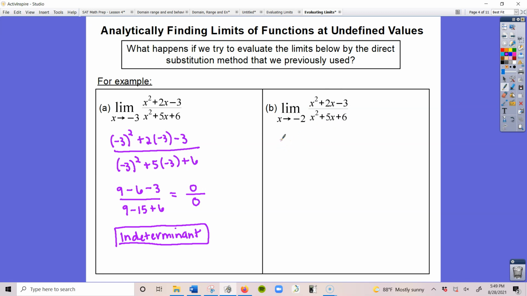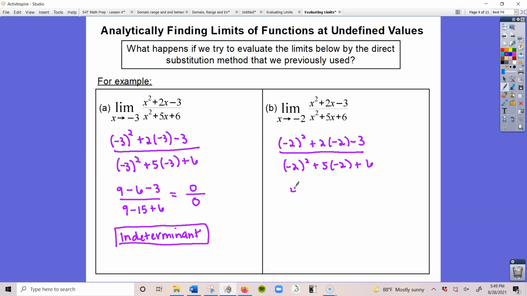We're going to plug this in, so negative 2 squared plus 2 times negative 2 minus 3 over negative 2 squared plus 5 times negative 2 plus 6. Let's work this out.